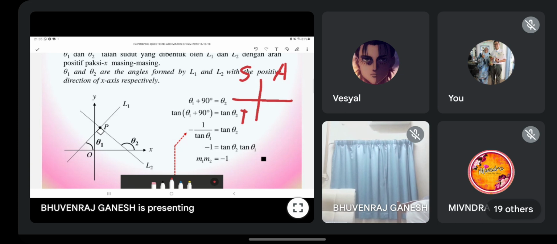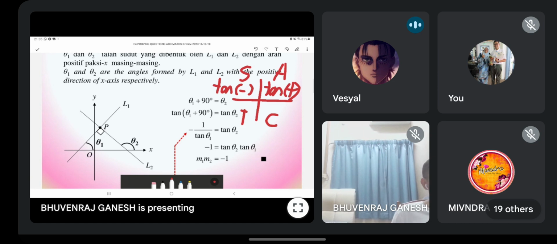After that, you have to understand that tangent of theta 1 plus 90 is actually the same as cotangent. So it will become the second quadrant where tangent is negative, so it'll be -1 over tangent theta 1. And that equals tangent theta 2.